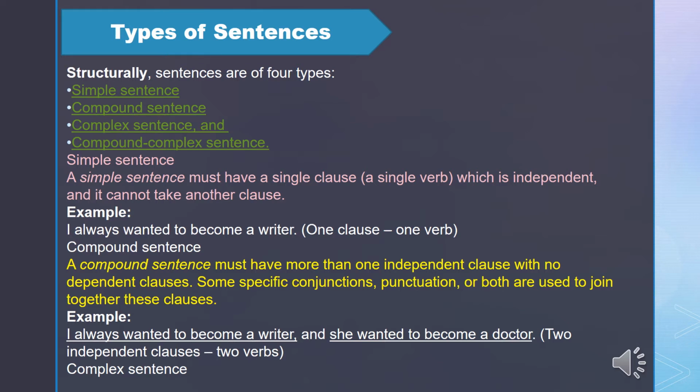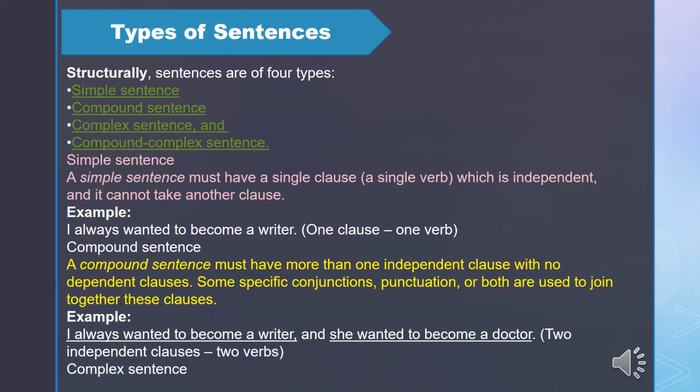So here children, we need to understand that we can find that these two different independent clauses can stand independently. Means if we remove this conjunction and, still they are remaining. As we can see, the first part says, I always wanted to become a writer. If we remove the leftover part of this sentence, yet it is an independent and complete sentence.